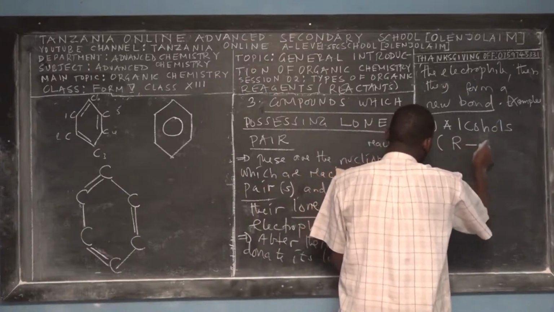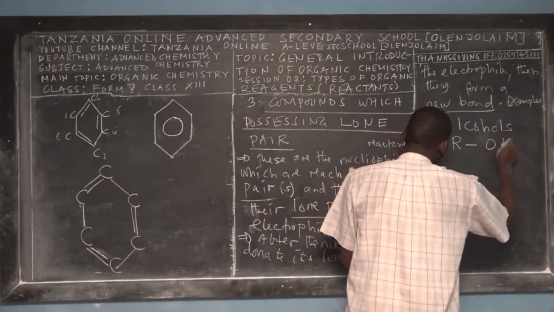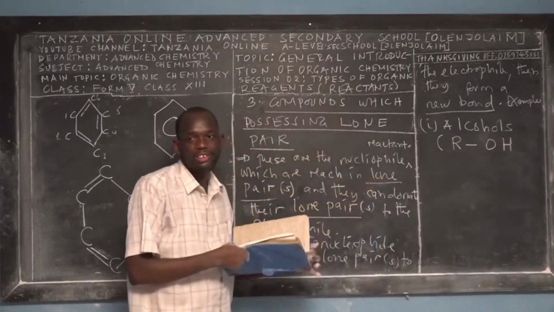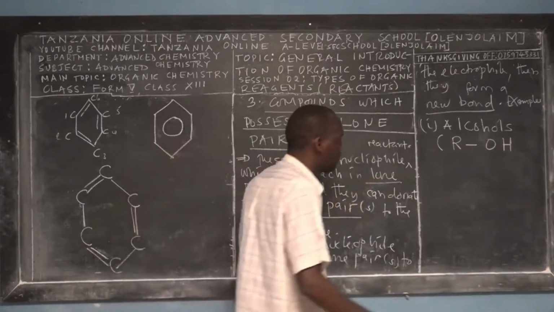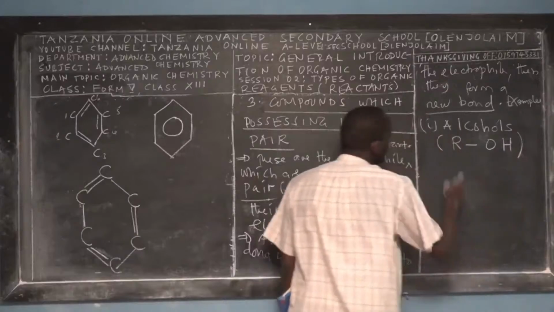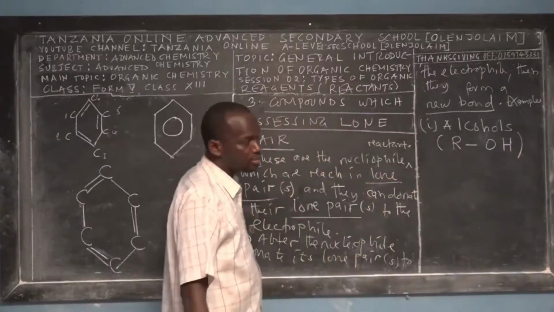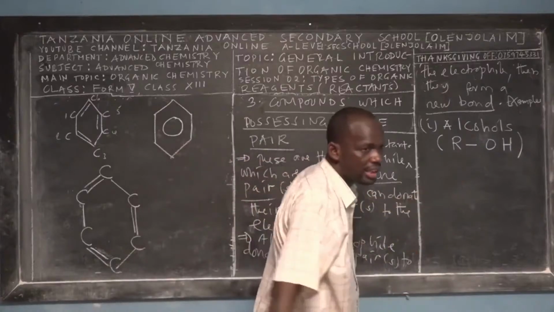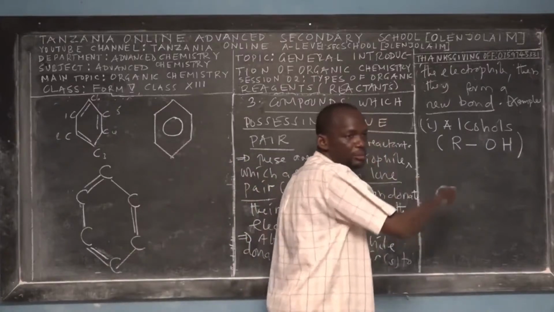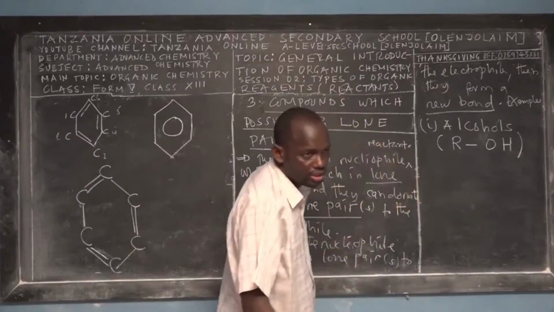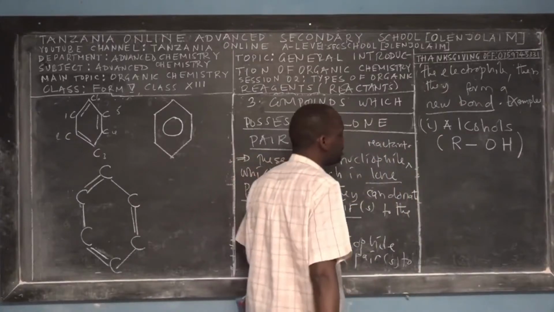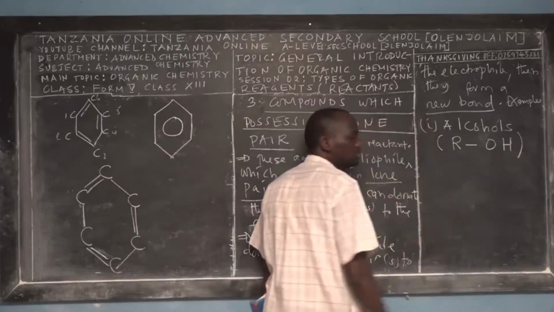Because the functional group of alcohol is OH, right? R stands for hydrocarbons, remember that. R stands for hydrocarbons, meaning the compounds contain carbon and hydrogen. It depends on the size, maybe one carbon, two carbons, three carbons, depending on which alcohols and hydrocarbons we are discussing. So this is what makes an alcohol, right?